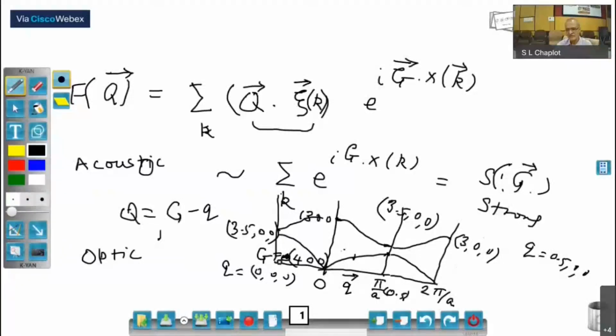Second is choosing the value of G. It can be done on the basis of some simple arguments, and often one starts with the values where the Bragg reflections are very strong, and then goes from a strong reflection to a weak reflection. The acoustic mode is measured around a strong Bragg reflection, and the optic mode may be measured around a weak Bragg reflection. So here I'm assuming that 400 is a strong reflection and 300 is a weak Bragg reflection, which is often the case. It might even be absent in certain structures, depending on the kind of structure we have.